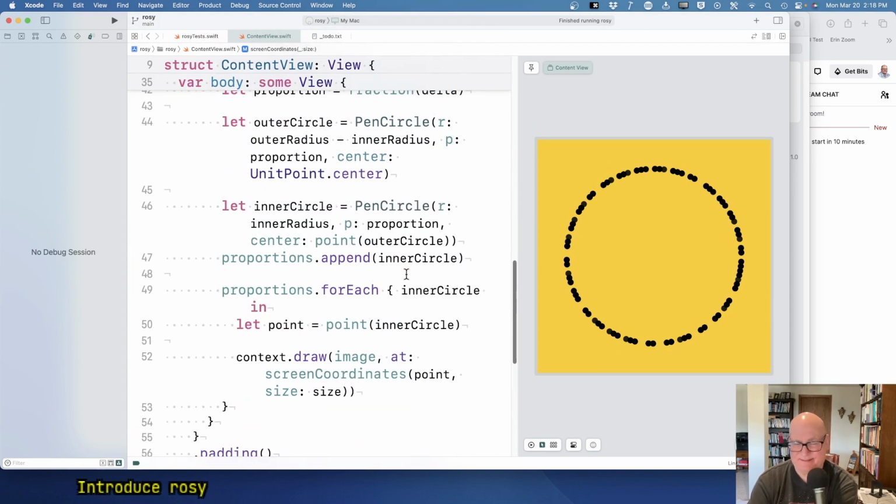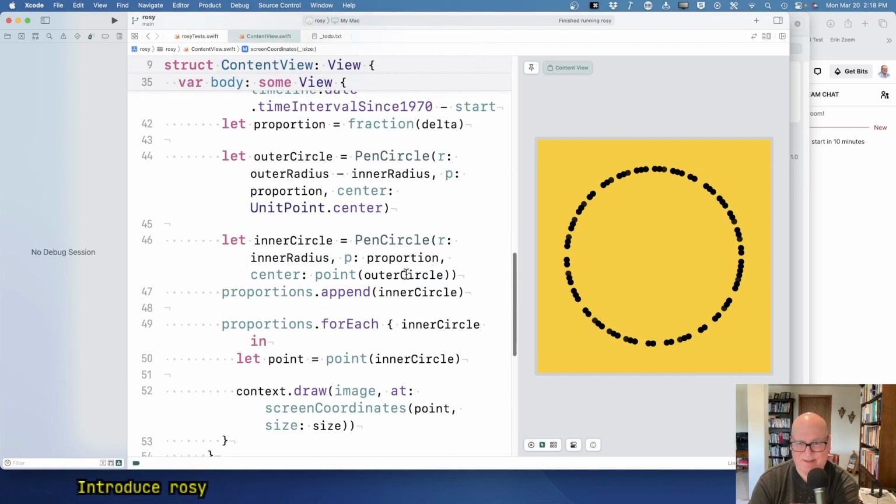Oh, I think we're getting the outer circle is what it seems to be. We're not rotating something, I think.